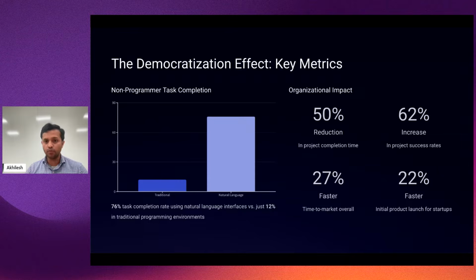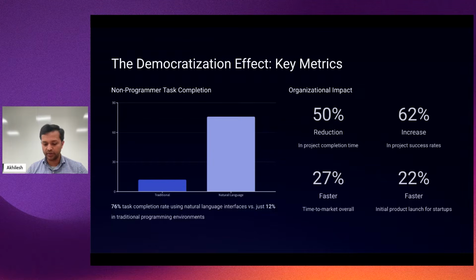Let's also look at the organizational impact, which is a key factor for people to adopt this new paradigm. We saw a 50% reduction in project completion time, and a 62% increase in project success rates. What that means is fewer projects are abandoned and more value is delivered.